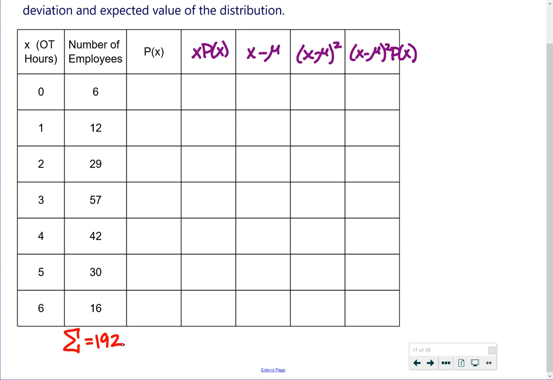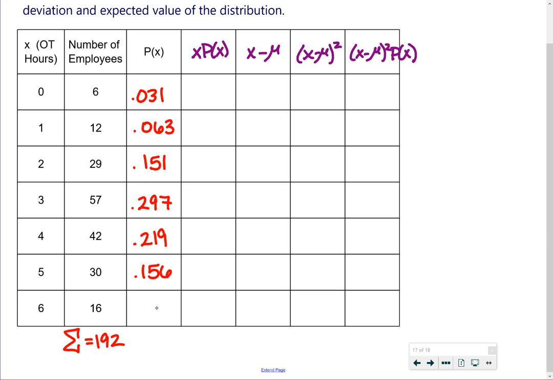6 over 192. I'm going to give it 3 decimal places, 0.031. 12 over 192, 0.063. 29, 0.151. 57, 0.297. 42, 0.219. 30, 0.156.